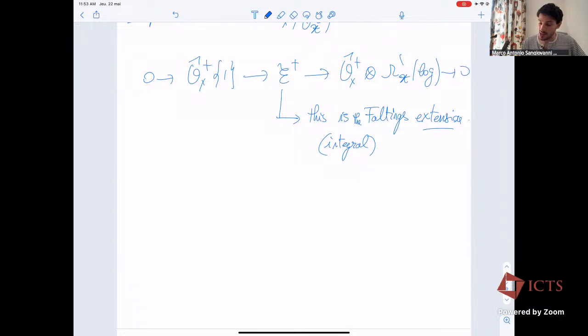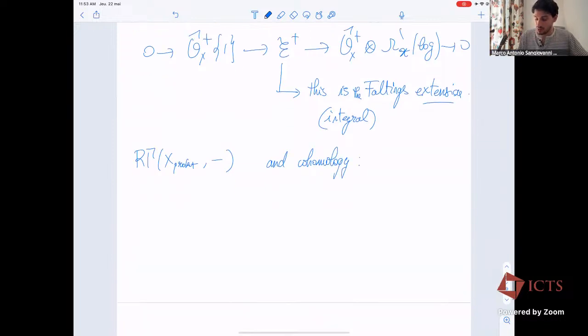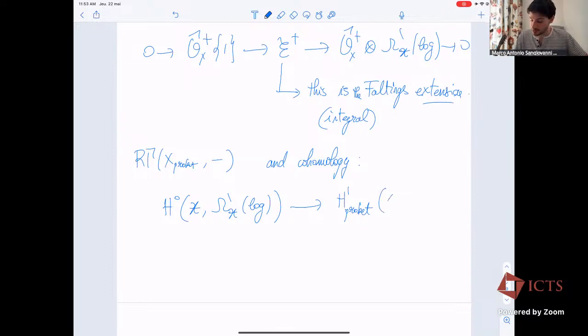So taking derived global sections, R gamma X pro-Kummer étale cohomology, you get the map from the H0 of X omega 1 X log to the pro-Kummer étale cohomology of X with coefficients in O_X hat plus twisted by 1.